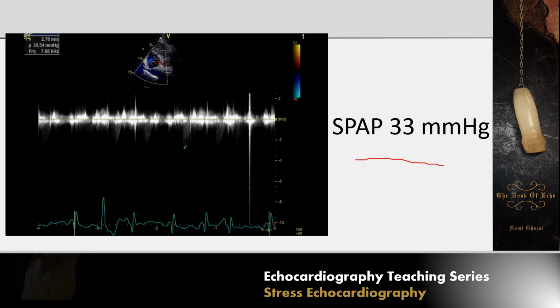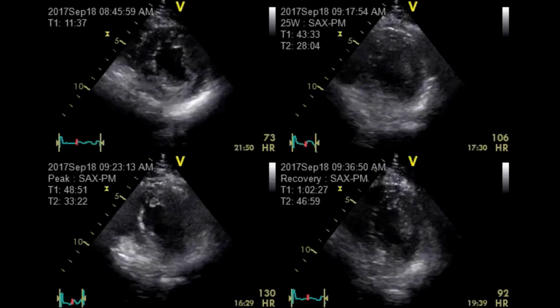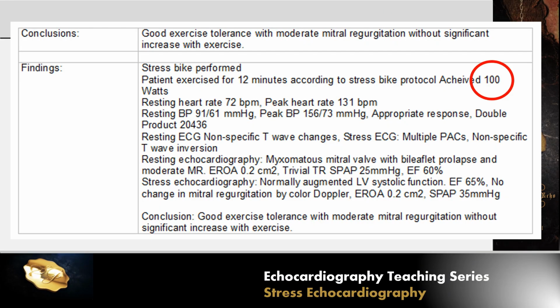Tiny bit of increment in the pulmonary pressure. And the contractile reserve is there. So it was reported as good exercise tolerance with moderate mitral regurgitation without significant increment in exercise.